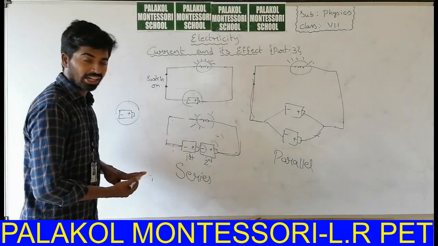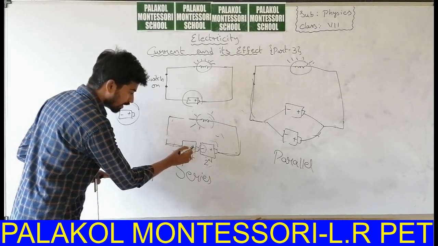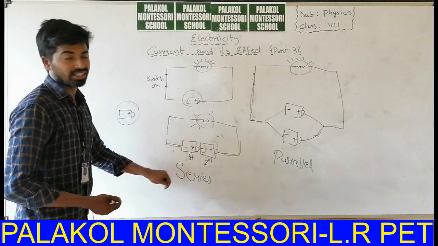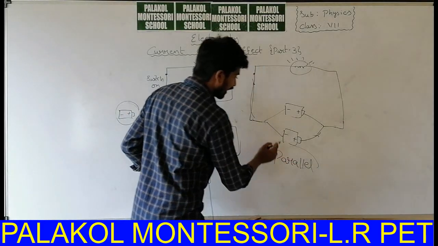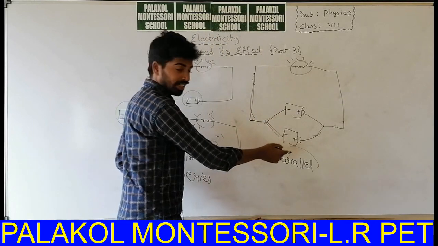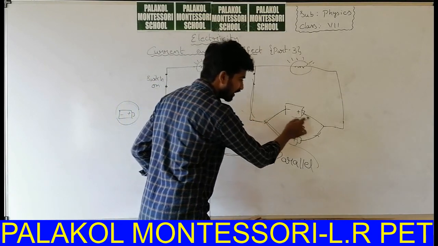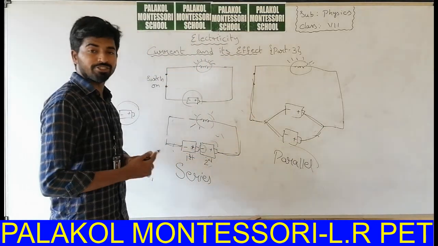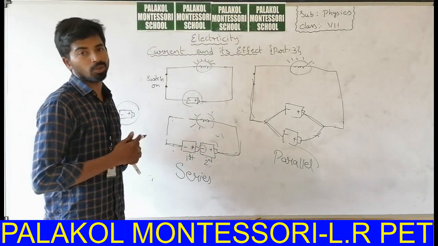What is the series connection? The positive terminal of the first battery is connected to the negative terminal of the second one. What is a parallel connection? The negative terminals of all batteries are connected at one point and the positive terminals of all the batteries are connected at one point. So these are the two different ways you can connect two or more batteries.